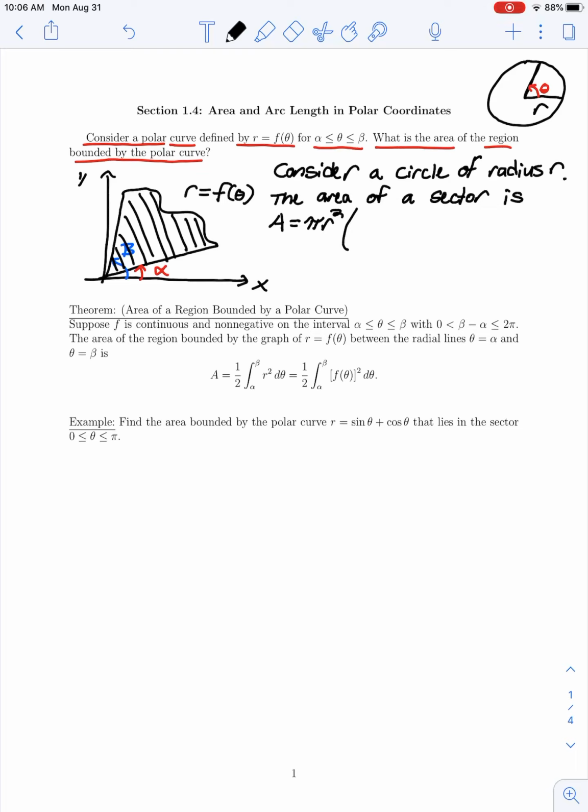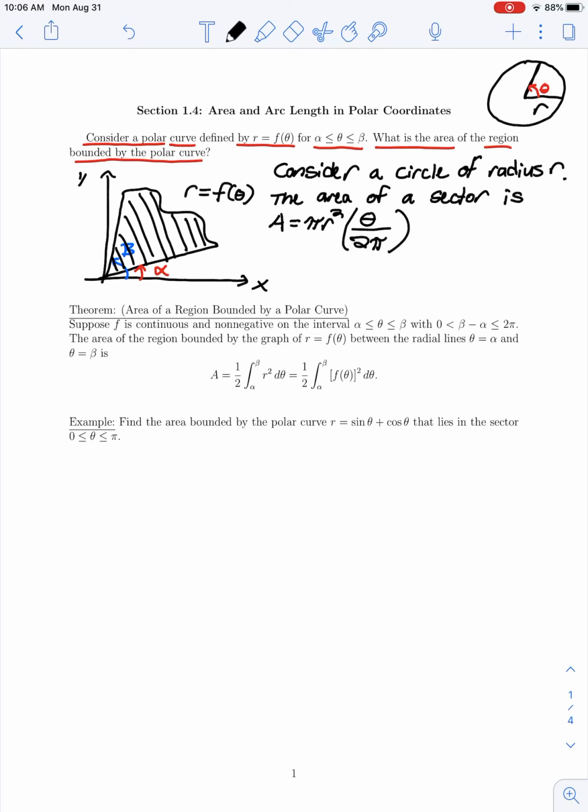The total circle would be traced out by an angle of 2 pi radians, or 360 degrees. So we're going to take the ratio of theta over 2 pi to represent the portion of that circle, or the sector, which is traced out by that angle theta.